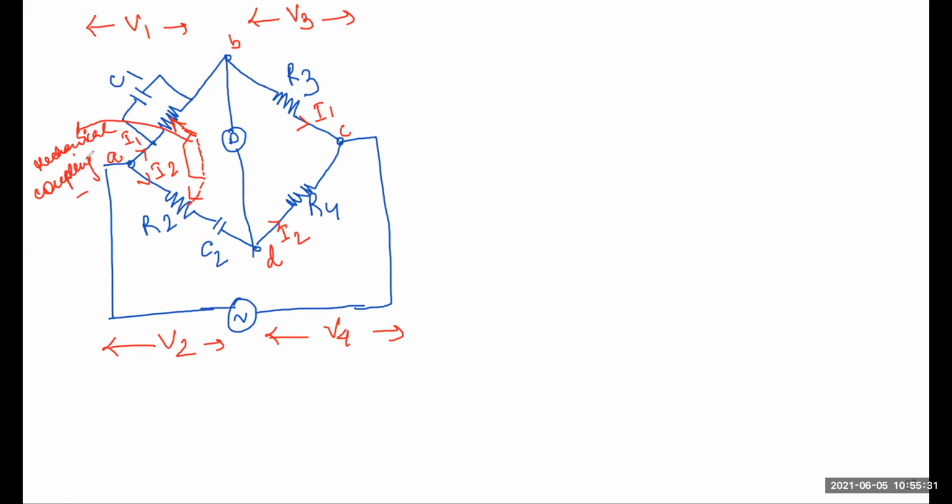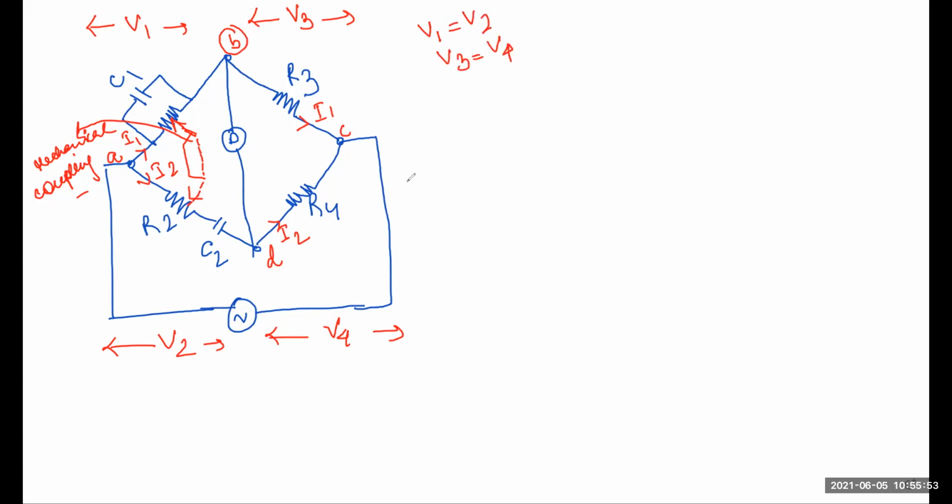Okay, rest of things are same. So you see here what we have done. Now when the bridge is in balanced condition, so you see the potential at node B, this is my node B, and C are equal. Okay, so that means we can say V1 is equal to V2 and V3 is equal to V4.